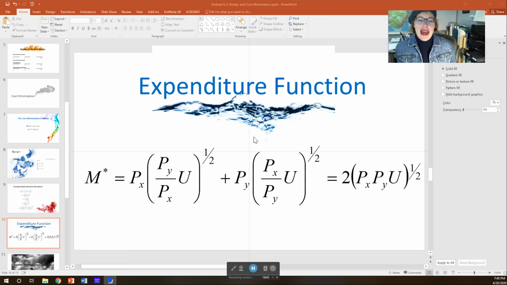So what we're going to do now is take those compensated demand functions and put them into our original expenditure or budget constraint function to get the expenditure function. So here we have our expenditure as a function of the price of x times the compensated demand function for x plus the price of y times the compensated demand function for y. And we can solve it and get a finalized expenditure function.